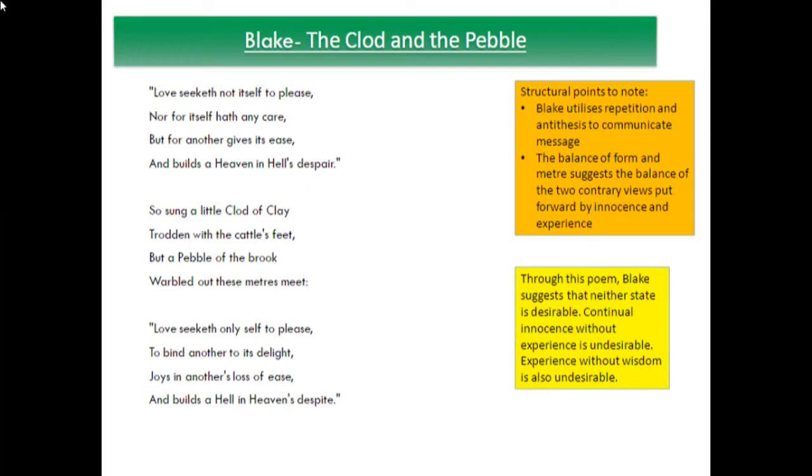The poem, just looking at it on the page, is one of our shortest poems. It is, of course, three stanzas of quatrains, so it's very structured visibly on the page. I've just mentioned on the right hand side there's of course repetition in this poem. It's fairly cyclical in structure, so it begins with love seeketh and it ends with love seeketh.